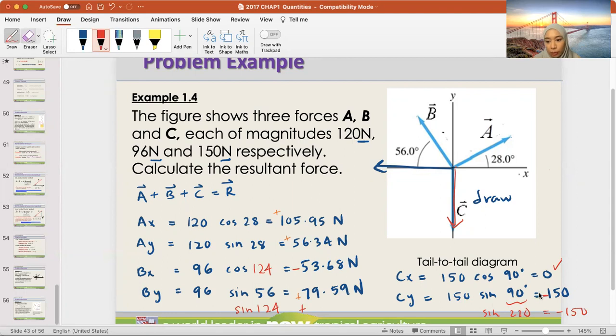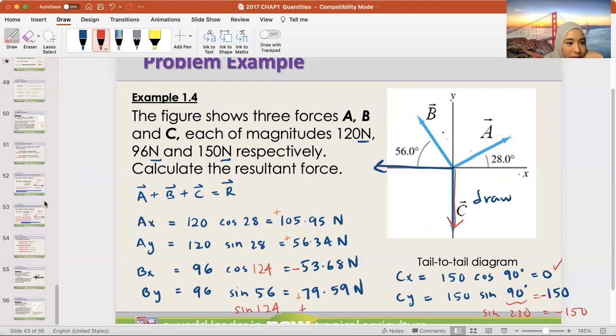Does it mean that jawapan Anik salah? No, it does not mean that. But he has to know that there's a negative sign associated with this vector. So he has to put it here himself. Okay, boleh.